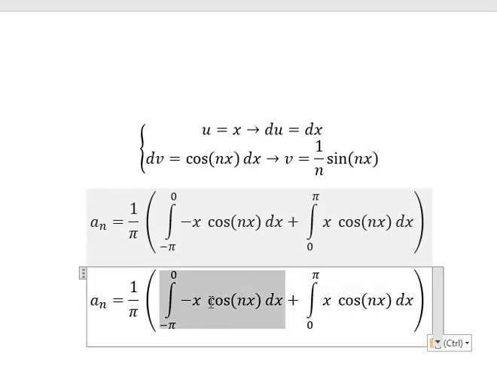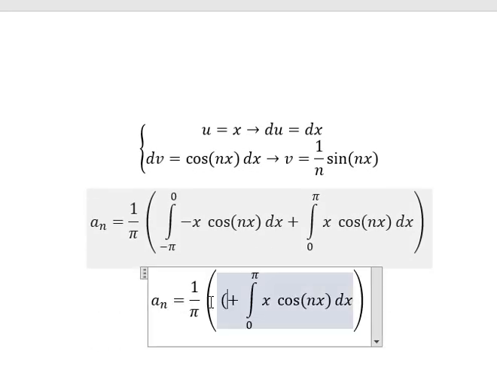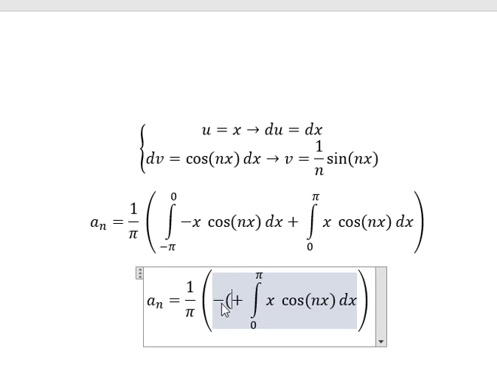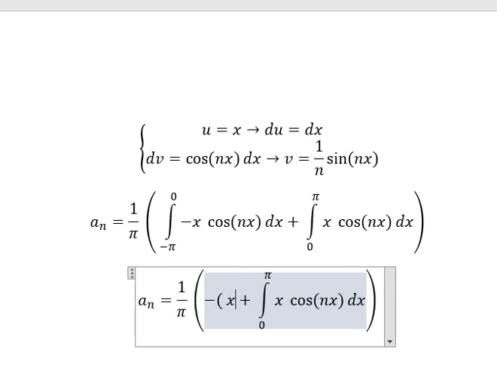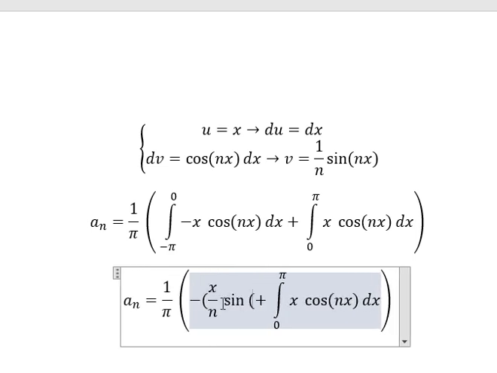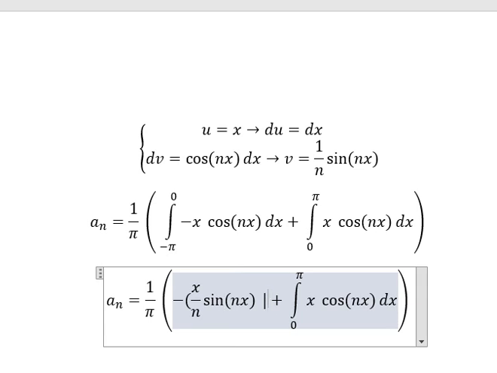So the integration of this one is u multiplied by v, but I need to put the negative sign here. And we have s over n sine ns, and we put the bounds from negative b to 0.